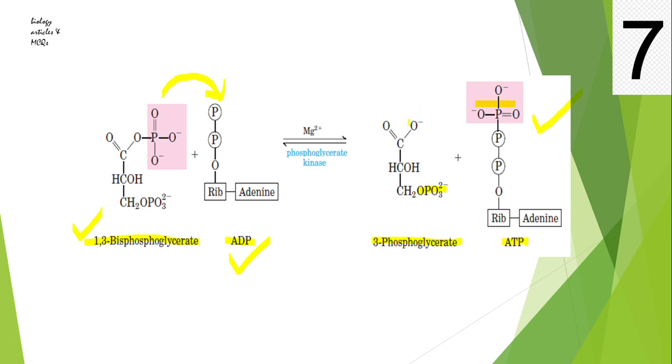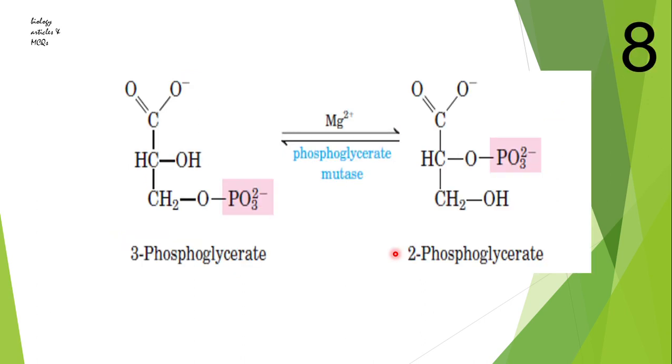And the phosphate that was attached to carbon number 1 is now attached to the ADP and converts it into ATP. So 1,3-bisphosphoglycerate has now converted into 3-phosphoglycerate.